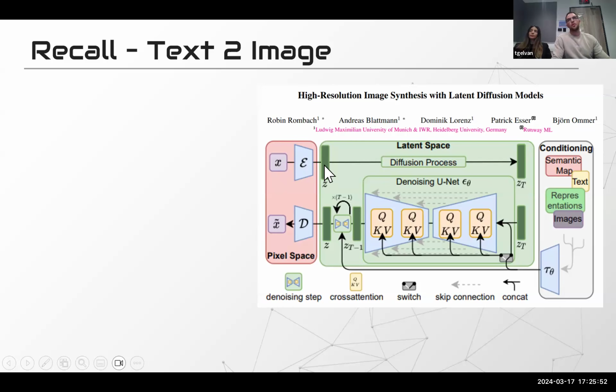We'll have an input, we pass it through an encoder, we'll have a latent vector, then we inject noise, we'll have a noisy latent, and then we use a denoiser with conditioning. In our case, it will be a text. And then we do the reverse steps, the DDIM steps. We go through the decoder to get the output.